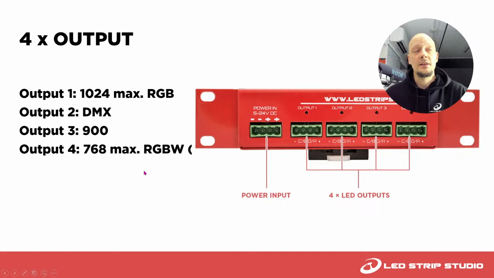And as I mentioned, the maximum is 4096, so you can divide it however you want: 100 pixels for the first output, 700 for the second, and basically however you want.